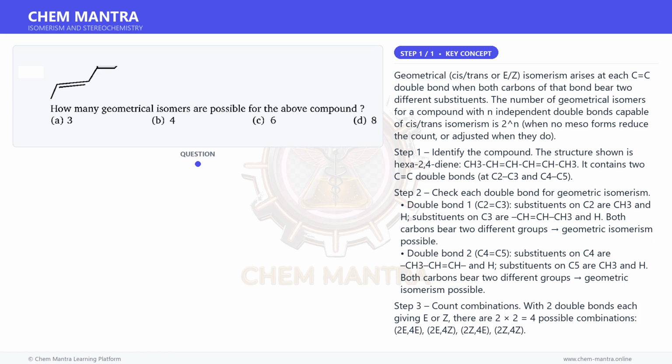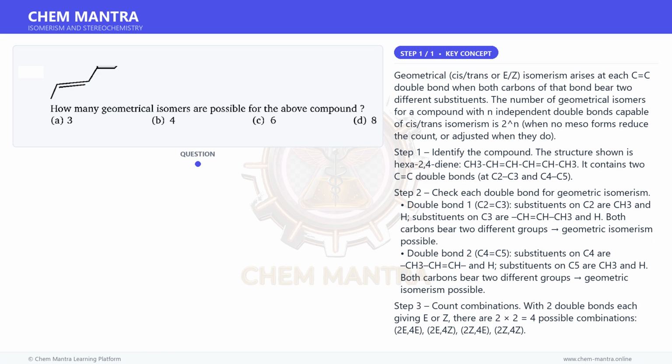In standard treatment of this problem in Indian competitive chemistry, M.S. Chauhan, hexa-2,4-diene is counted as having 4 geometrical isomers. 2E,4E; 2Z,4Z; 2E,4Z; and 2Z,4E are treated as 4 distinct isomers because the 2 double bonds are not equivalent in the context of their spatial arrangement, and 2E,4Z and 2Z,4E are considered non-superimposable, non-identical geometric isomers rather than the same compound.